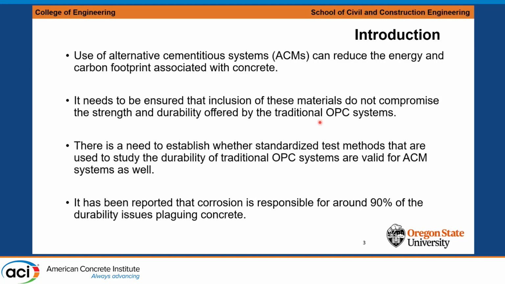This is fairly important because using a new cement just because it has a lower embodied carbon may not be a wise decision in the long run. So we need to absolutely make sure that the long-term performance and durability of the systems is comparable to that of Portland cement systems. So there is a need to establish whether standardized test methods that are used to study the durability of traditional OPC systems are also valid for the ACM systems or not.